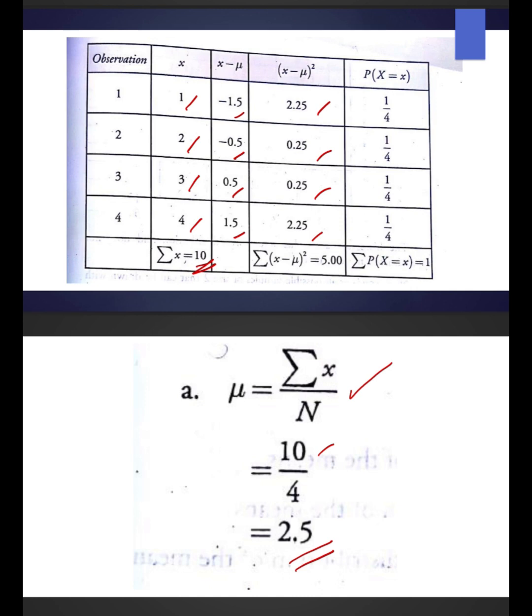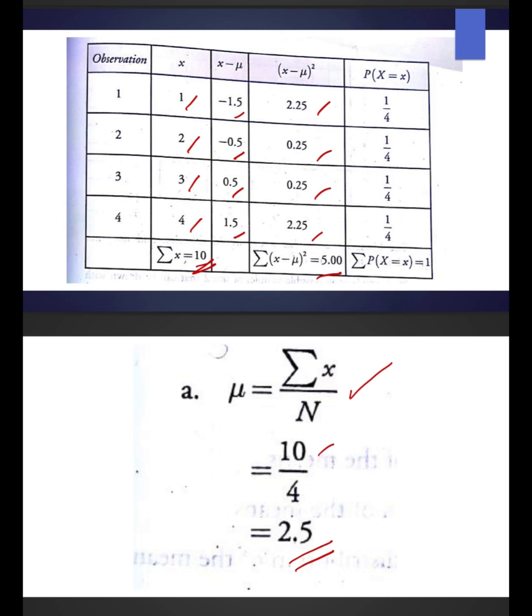Now, let's get the summation of x minus mu quantity squared, or the square of the deviation. That is 2.25 plus 0.25 plus 0.25 plus 2.25 is equal now to 5.00, or positive 5.